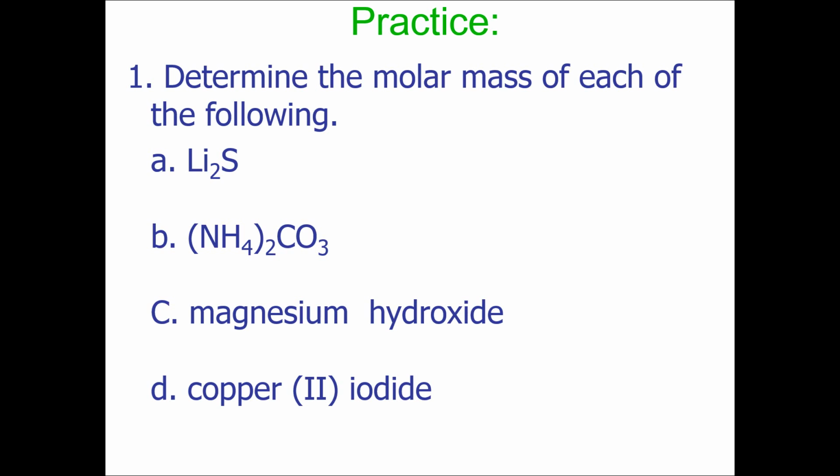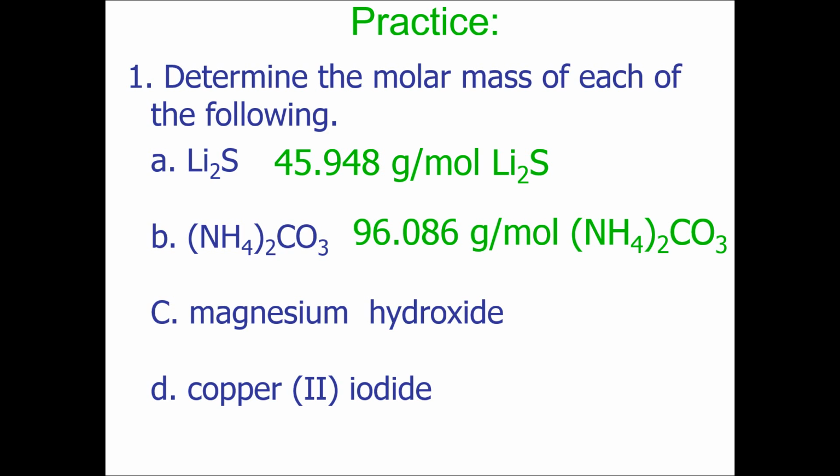So for the first one, I have an answer of 45.948 grams per mole of lithium sulfide. For letter B, I have 96.086 grams per mole of what we would call ammonium carbonate. Now for letter C, if you didn't try this one on your own, I strongly advise you to hit pause and try it on your own first.